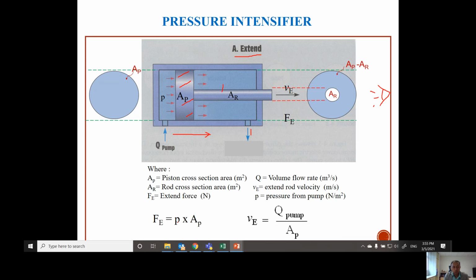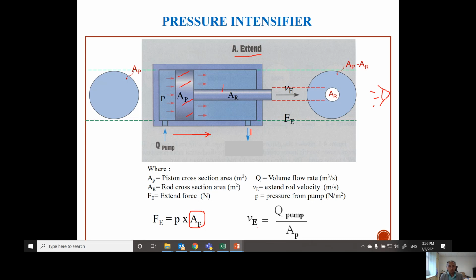You know that force equals pressure times area. In this case, the area involved is the area of the piston, AP. That is when you want to calculate the force during extension, Fe.